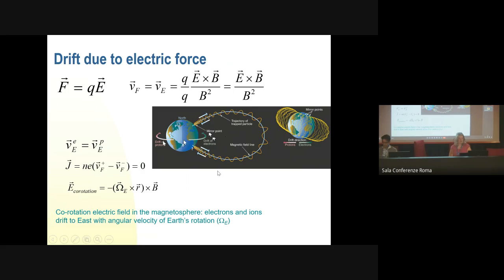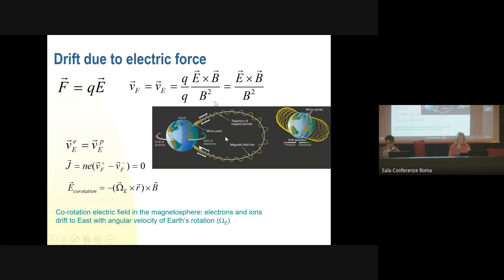Thus, they create a current because the motion is different for protons and electrons. But for the particles of the plasmasphere, it's different because their energy is low. So their drift velocity is not due to the magnetic force, which is proportional to the energy of the particles, but is due to the electric force.